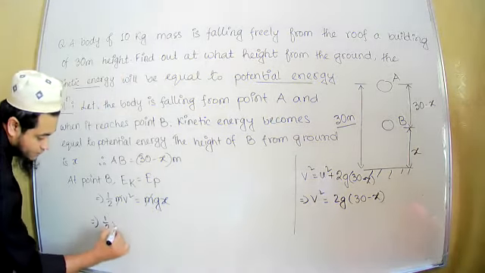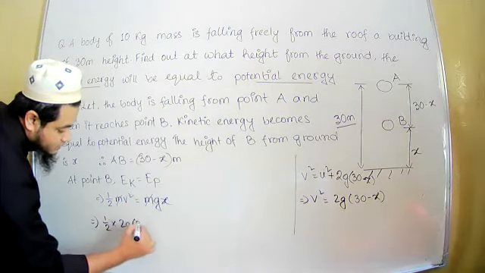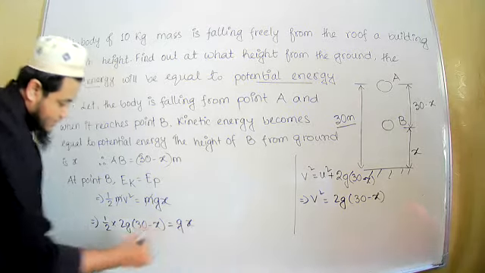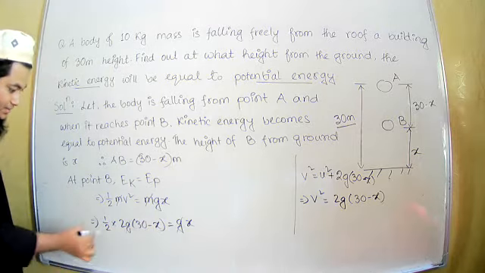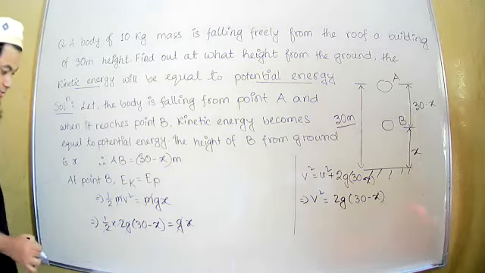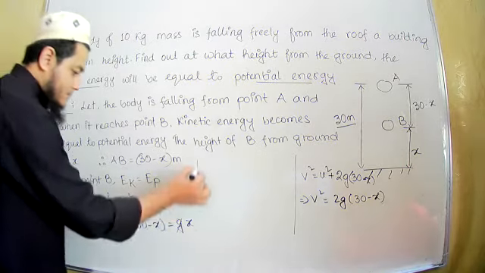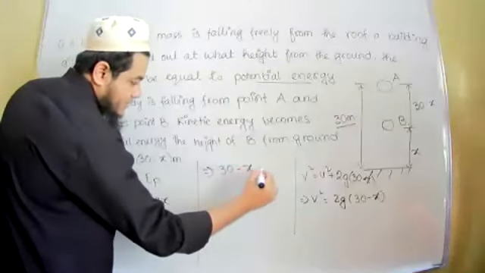So half into v square. Instead of v square, we will write 2g into 30 minus x, equal to gx. Now again, from both sides, you can see g and g can be cancelled, and these 2 cancel this 2. So we have 30 minus x is equal to x.